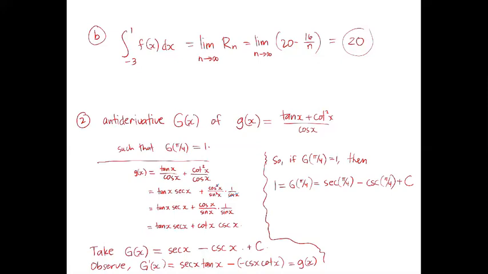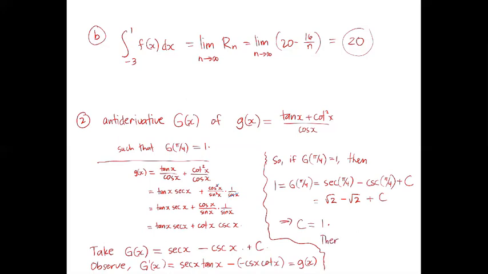If you remember this, secant of pi over 4 is just square root of 2. Cosecant of pi over 4, again, is square root of 2. Okay? And you have the plus c, which means that c equals 1. Okay?